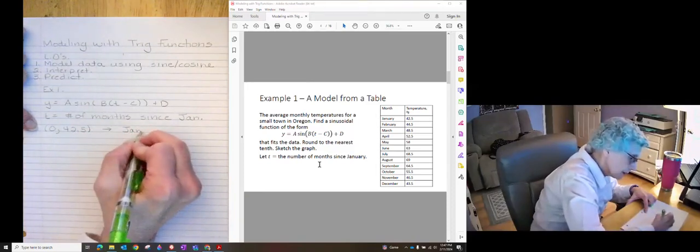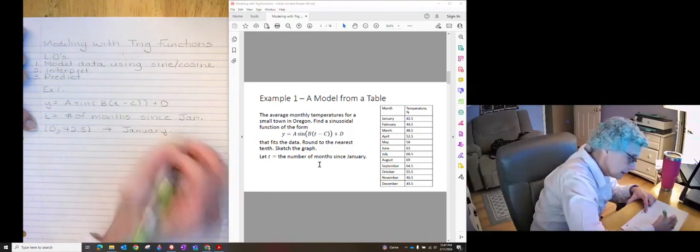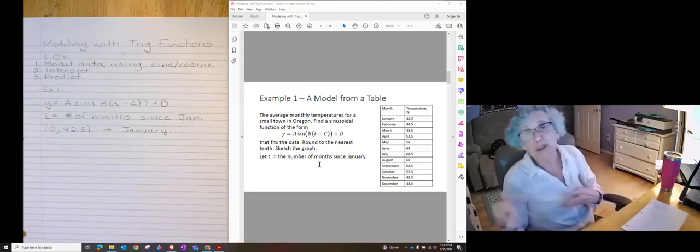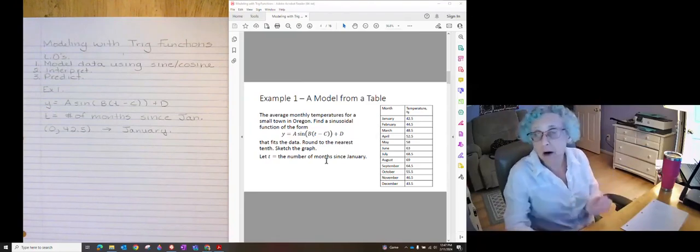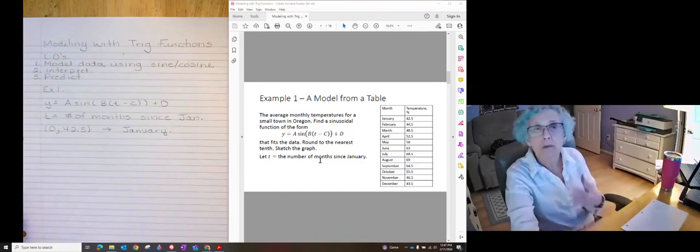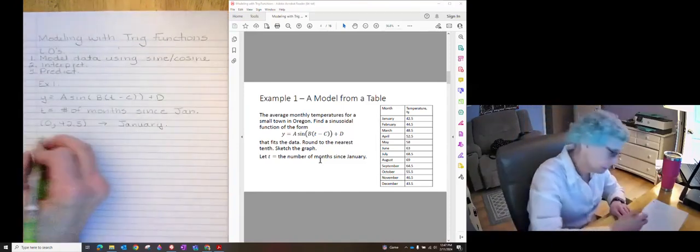That represents January. And we'll do one differently later. So you have to define what your t is and when it starts, what it represents. But we'll start with the easy stuff.